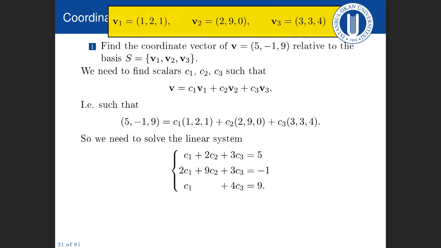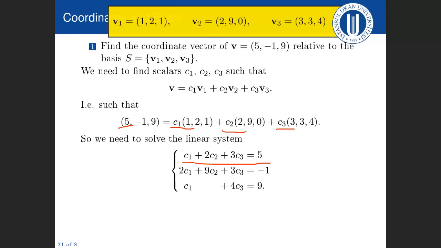Look at the first position first of all. 1C1 plus 2C2 plus 3C3 is equal to 5. And then second position, 2C1 plus 9C2 plus 3C3 is equal to -1. And then looking at just the third positions, 1C1 plus 0C2 plus 4C3 is equal to 9.